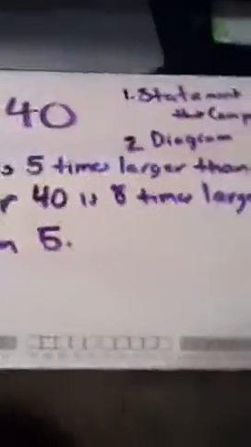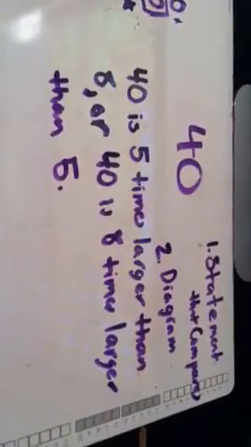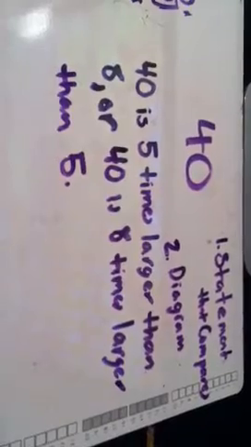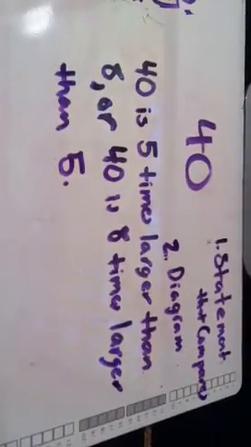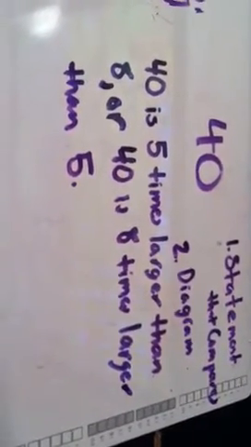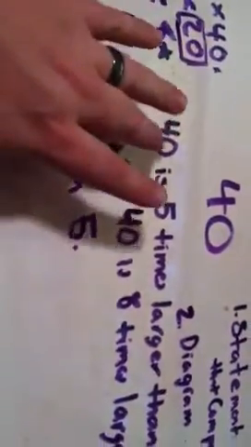Okay? So that's going to be your statement right there. I'm going to tilt my camera. I hope this isn't messing people up. So that's my statement. 40 is 5 times larger than 8, or 40 is 8 times larger than 5. Okay, really simple statement. Remember your or, and then just switch your numbers around after you use it.